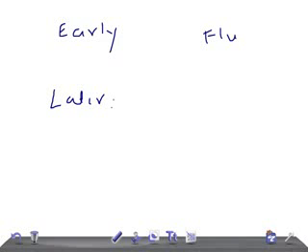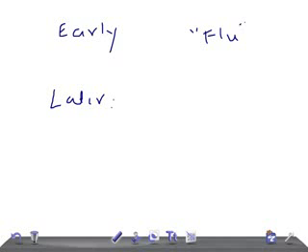We have the early findings. Remember, the most important feature of this virus is that it causes signs and symptoms similar to a flu-like illness. That's really very important.